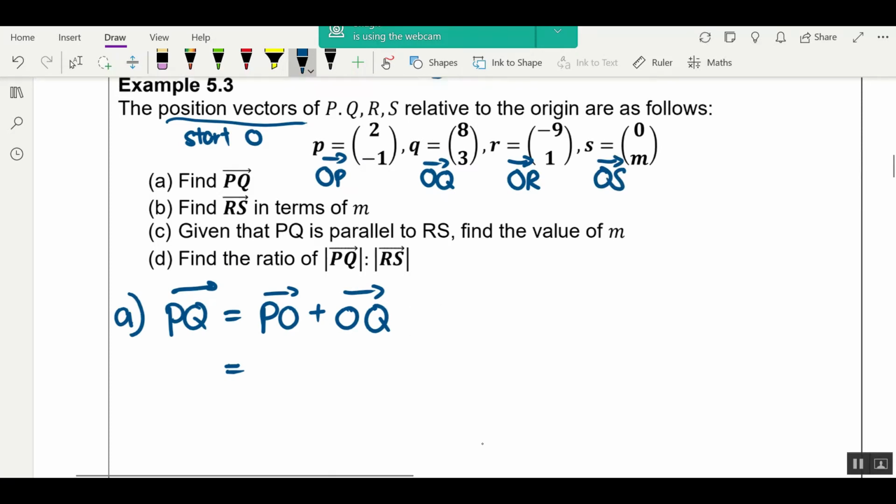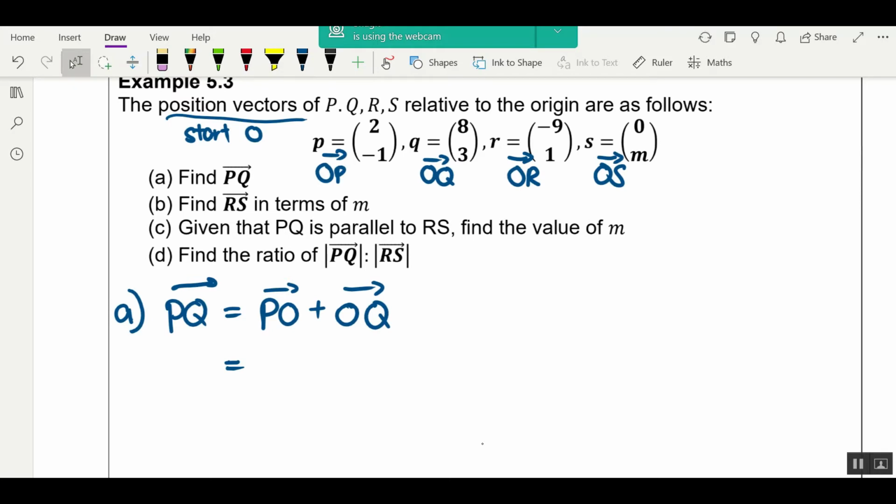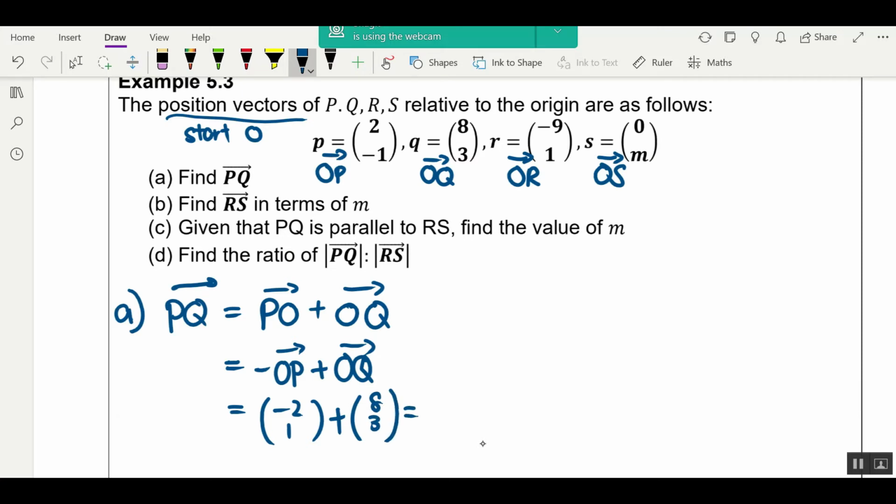But if you know how to change PO from OP, then this part is pretty simple. You can say that this guy is negative OP because PO is the opposite of OP. I must put a negative in front, plus OQ. This would be minus 2, 1 instead of 2, negative 1 because it is the opposite direction, plus OQ 8, 3. And hence, your PQ is equal to 6, 4.